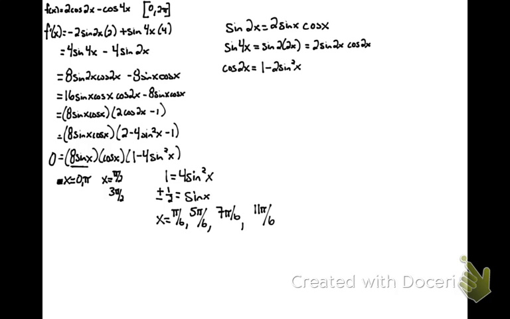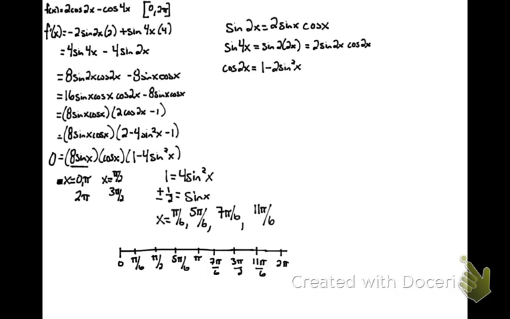From here, I'm going to take some liberty and use a calculator to identify mins and maxes. If I had to do this by hand, we would be substituting in, using some sign analysis to try and decide when this thing is positive or negative, and we would also have to check the endpoints. But from these critical values, what you find is this. As I set up my sign analysis, I recognize that 8 sine of x would also be 0 at 2 pi.